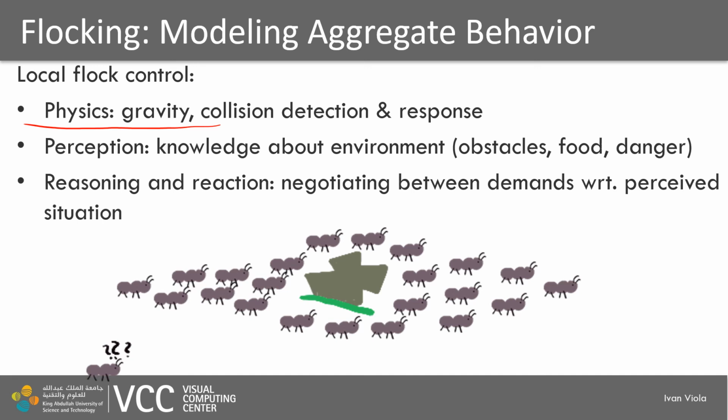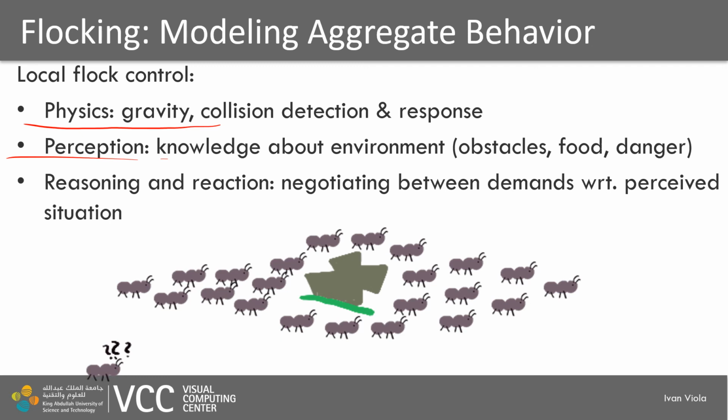Then there are certain perceptual aspects where the environment is defining certain obstacles, distances from other flock members, and so on. And this perception is then governing a reaction so that the optimal state of the flock member is achieved.